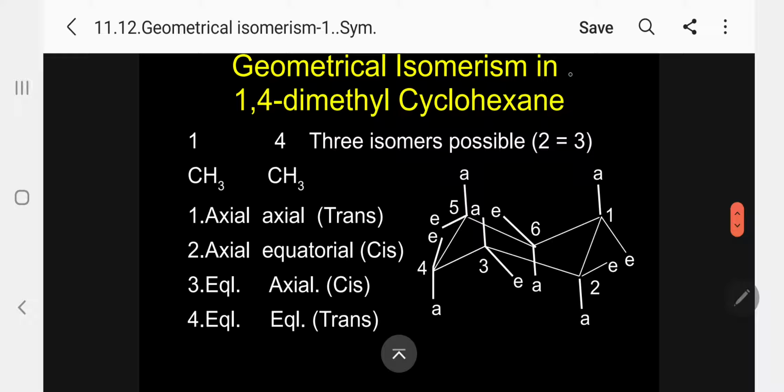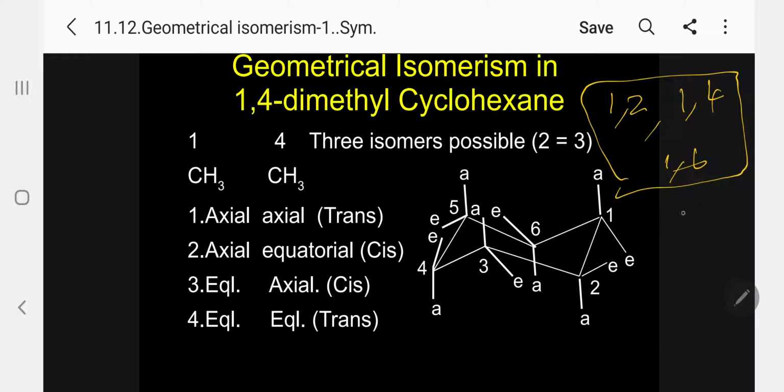Now, my dear students, here I want to give a very good idea for you to memorize. Please follow. 1,2, 1,4 and 1,6 are identical conditions. Please memorize. 1,2, what have you seen? Axial trans.